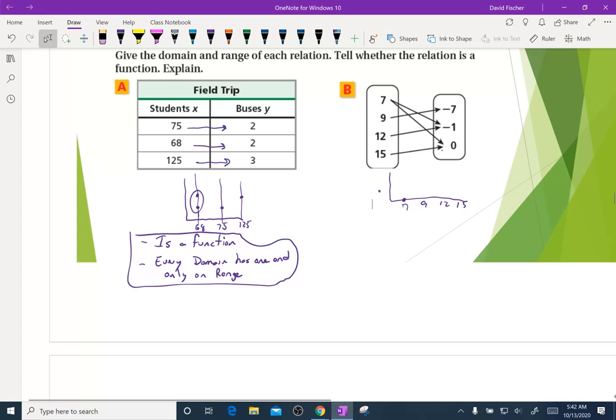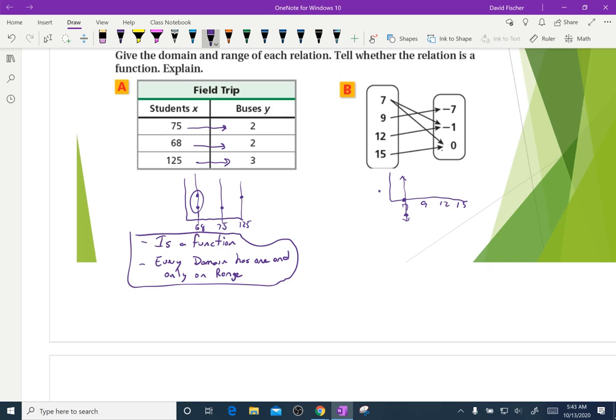So I go over 7 and down 1, and there I would have 2 dots, one above each other. So if I was graphing this, it would not be a function because I have one dot on top of the other one like I was talking about over here.